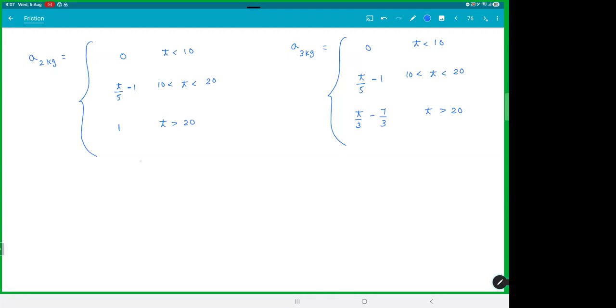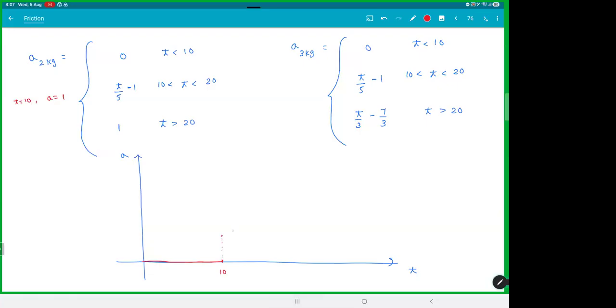Now, when you plot the graph, for the 2 kg, the graph will look like this. For 10 seconds, it will be 0, and something happens here. See, if I put t is equal to 10 here, the value will suddenly be 10 by 5 minus 1, a is equal to 1. It's not 0. So this graph will suddenly jump from here to here.